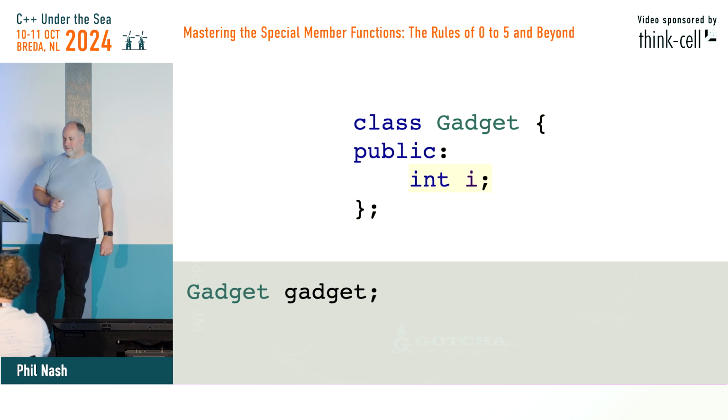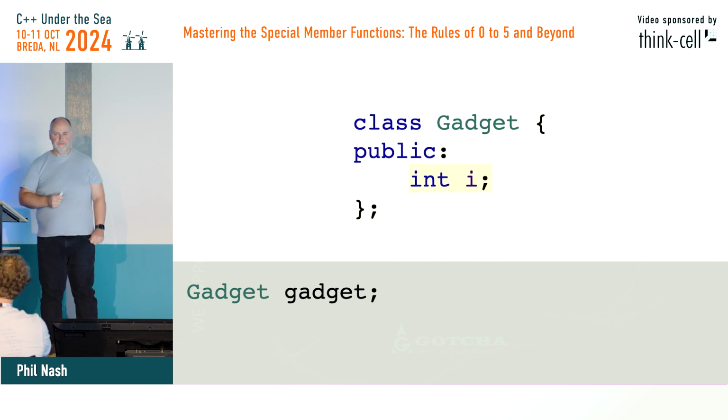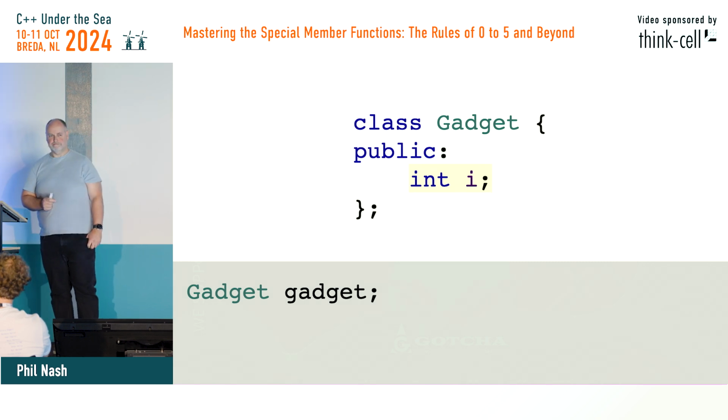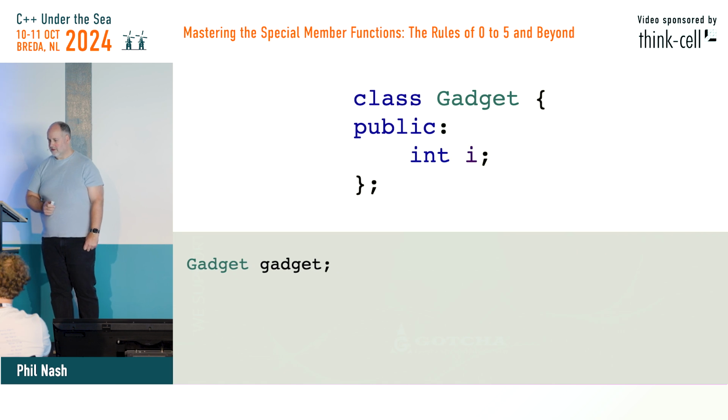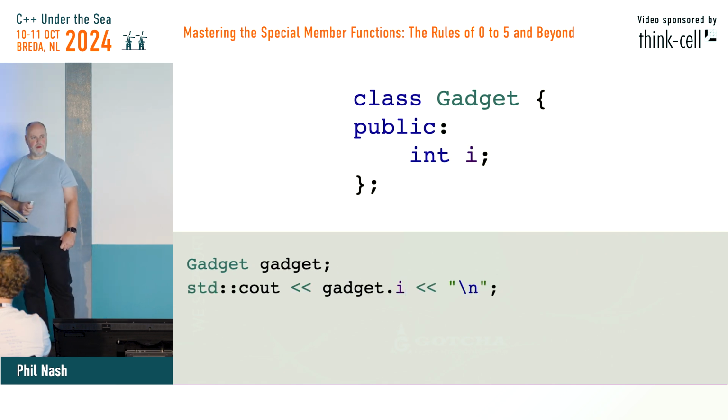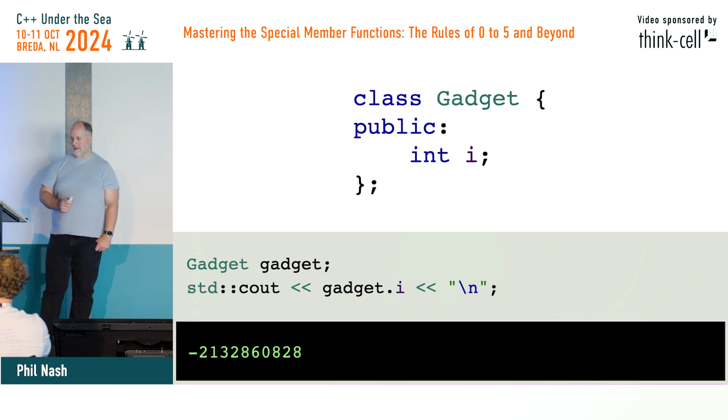So let's make it more interesting. Give it a data member, so an integer. Nice simple integer. That's good. This all works, of course. We can even try to print out what that integer is. What do we actually get?